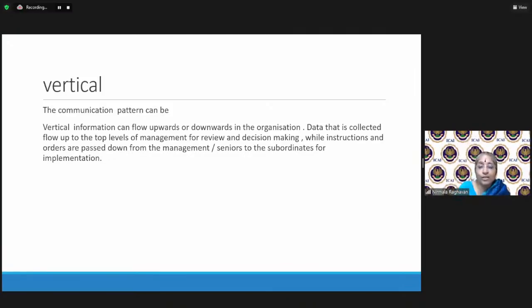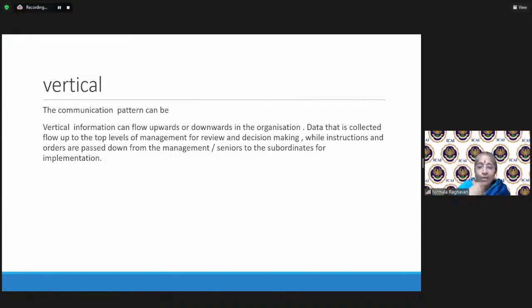It's called vertical communication, where the boss passes on orders and instructions, and the employee collects data and gives feedback to the boss. It's a two-way communication. It happens only between two people, between the boss and the employee. The hierarchy matters here. Vertical information can flow upwards or downwards.